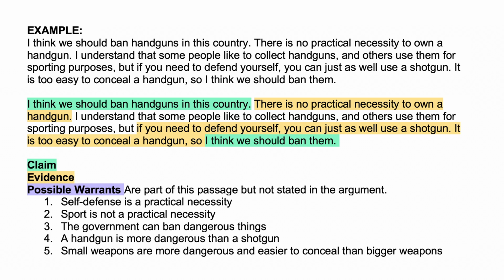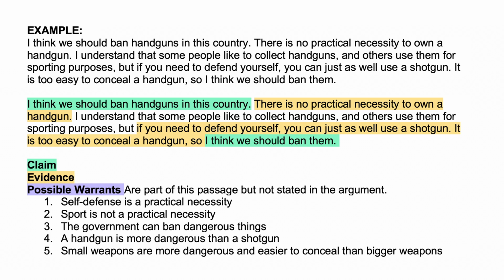Now, possible warrants, less obvious, okay? Again, these are just values, right? And these values are the ideas that are going through the person's mind while they're making the argumentation that allow you to say, okay, that's where they're coming from, right? So, for example, possible warrants could be, well, self-defense is a practical necessity. Sport is not a practical necessity.